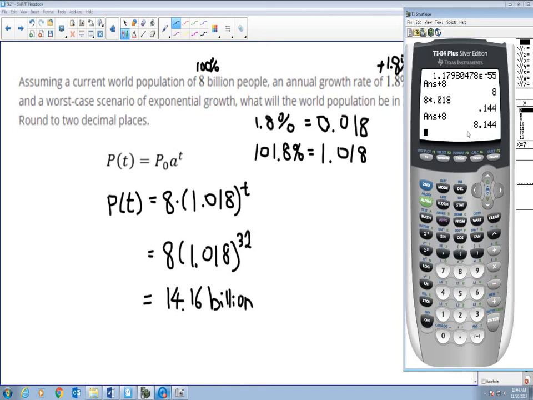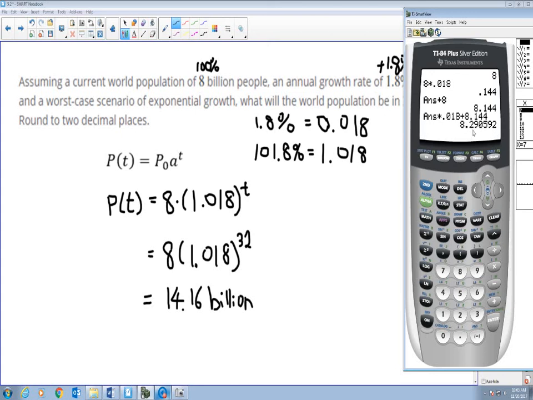Then you have to do it again, taking that same number times the growth 0.018 to the first power, then plus the 8.144 to give you the population after the second year.